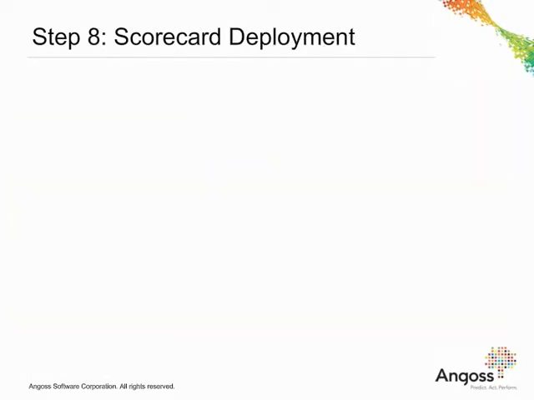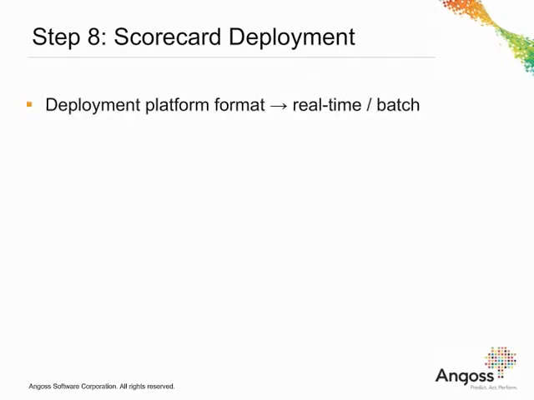Now that we have produced a scorecard in the standard format, we can deploy it in the end user's environment. First, we will need to translate the scorecard to a format that allows its deployment in the operational system. Keep in mind that many environments require the deployment of the scoring process in real time, not in batch form. This will require the translation of the scorecard into a format that the deployment platform understands.